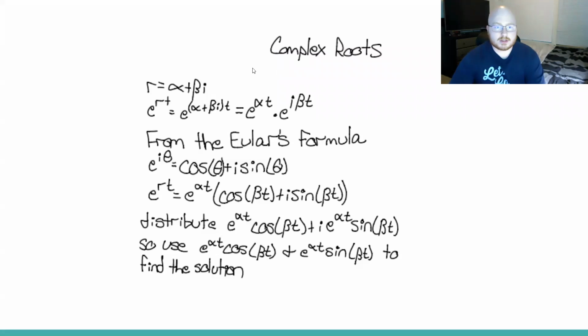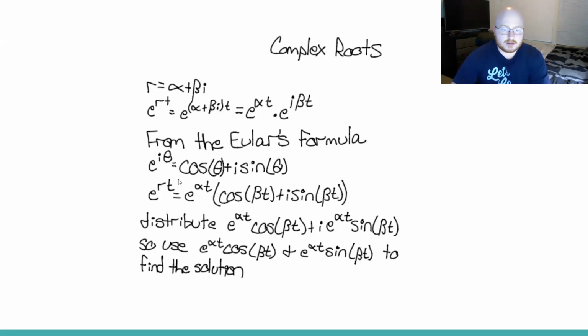Next, we have complex roots, and for this we use r equal to alpha plus beta i. So we plug r into our original e to the rt, and that gives us e to the alpha t times e to the i beta t. And we can use Euler's formula, which is e to the i theta equals cosine theta plus i sine theta.